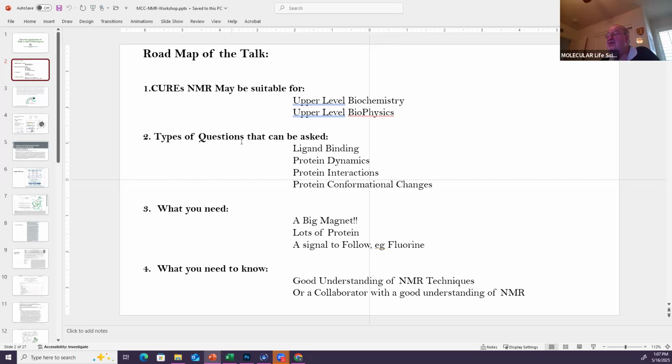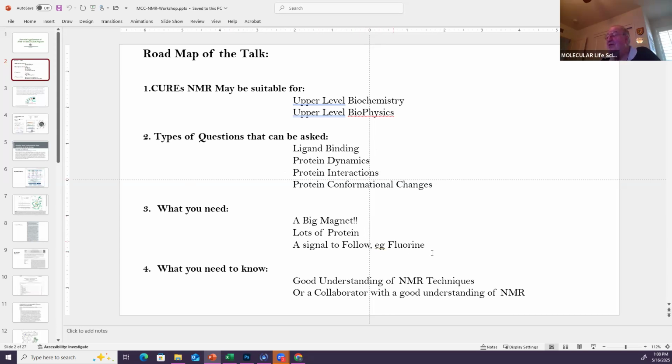There are various types of questions that you can use NMR to answer in such a course, from ligand binding to looking at protein dynamics, protein interactions, and protein conformational changes, or more or less any combination of the above. However, you need an NMR with a big magnet, because of course you're looking at proteins and you need lots of protein and you need a signal to follow.